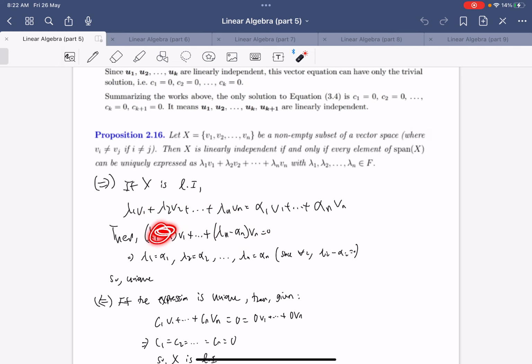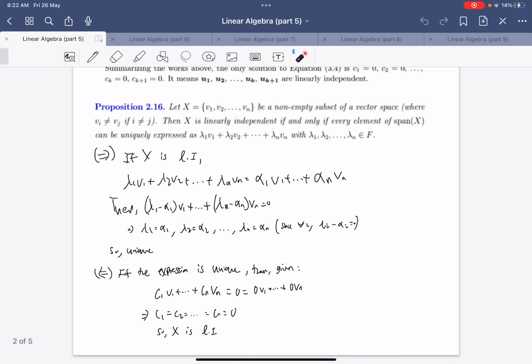For this to be 0, it means L1 must equal alpha 1, and so on, hence showing that the expression is unique. Conversely, if the expression is unique, then C1 V1 plus all the way to Cn Vn equals 0 can also be written as 0 V1 plus all the way to 0 Vn. Because it's unique, this must be the only possible linear combination. So C1 through Cn are all 0, hence X is linearly independent.